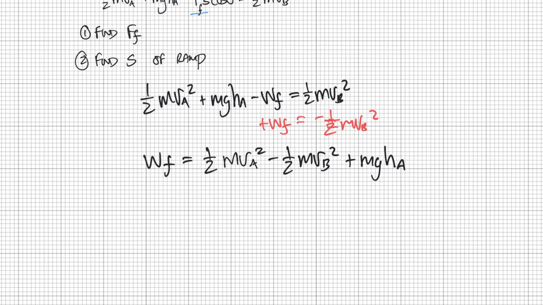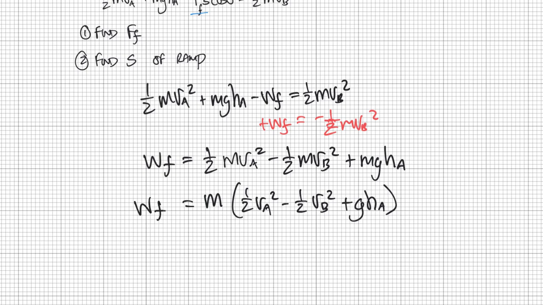All right, so pulling out some things that make sense. So mass is in everything. So it's going to be 1/2 va squared minus 1/2 vb squared plus gha equals work done by friction.